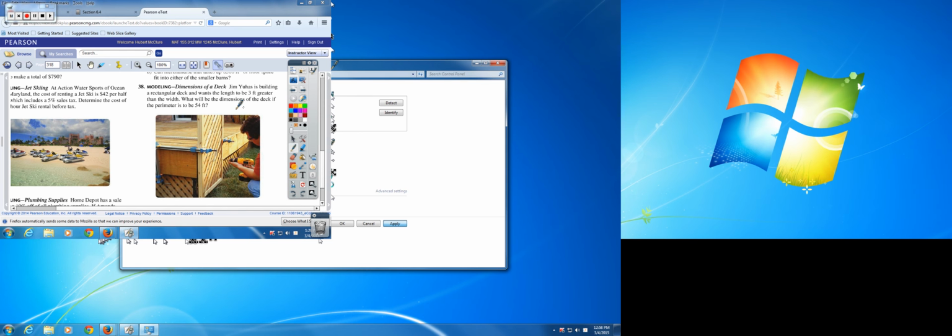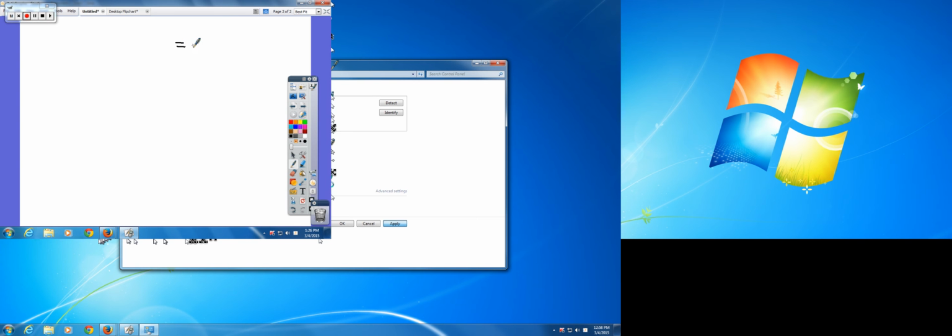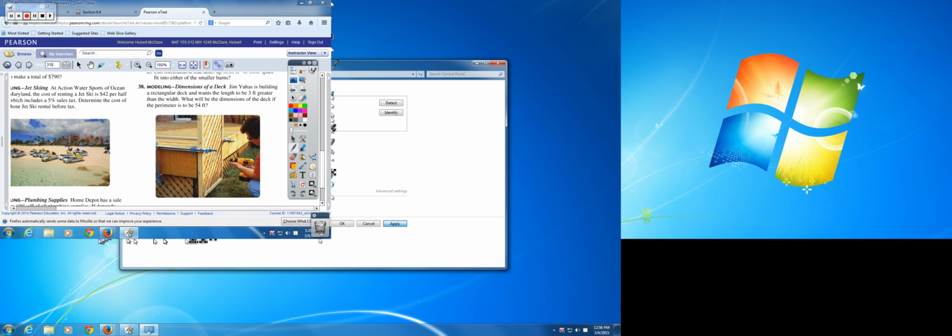All right, so this guy wants to build a deck. The perimeter is equal to 54 feet. So, 2L plus 2W is equal to 54 feet. Now, what else does he say?